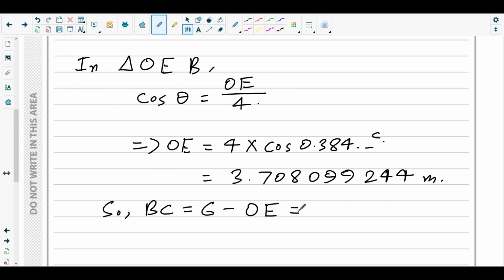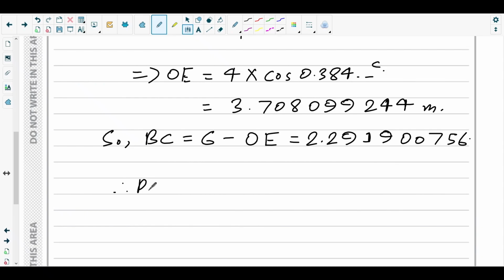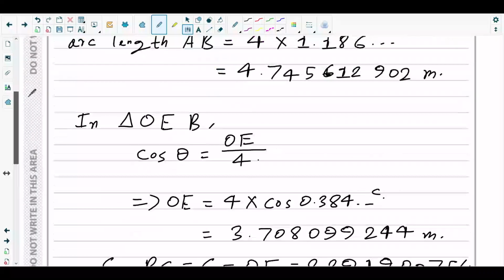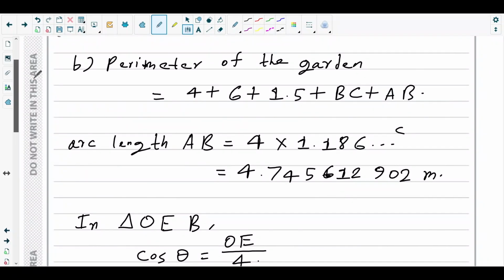So you will get 6 minus the answer, that would give you 2.29192919000756. So the perimeter: 4 plus 6 is 10, plus 1.5, it is 11.5.